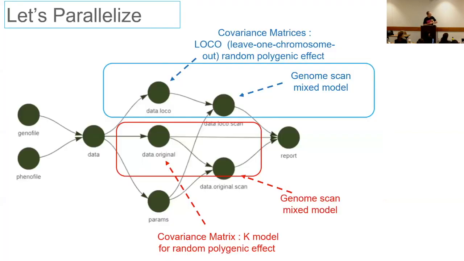The reason I first made this targets vignette was that I was quite interested in working out how to run targets pipelines like this, but with orchestration on a workflow manager. The case I'm going to be talking about is a Slurm workflow manager, but we've got a nice opportunity here to parallelize, because we've got these two different ways of calculating the polygenic effect.